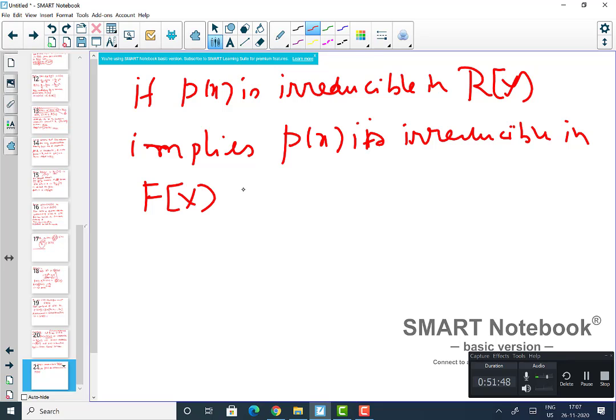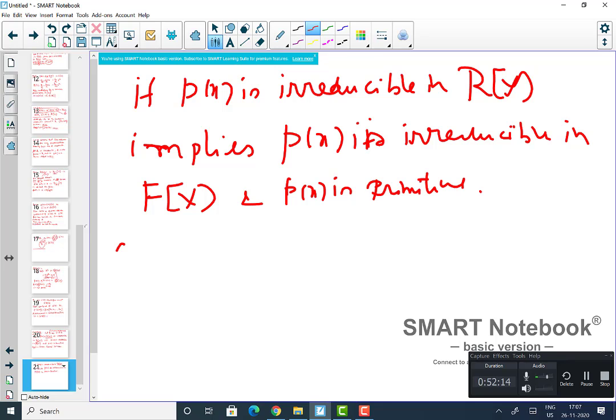And obviously, see why I'm saying primitive: because if it is not primitive, then the coefficient will be some element of R, and then it is no longer irreducible, right? And p(x) is primitive.